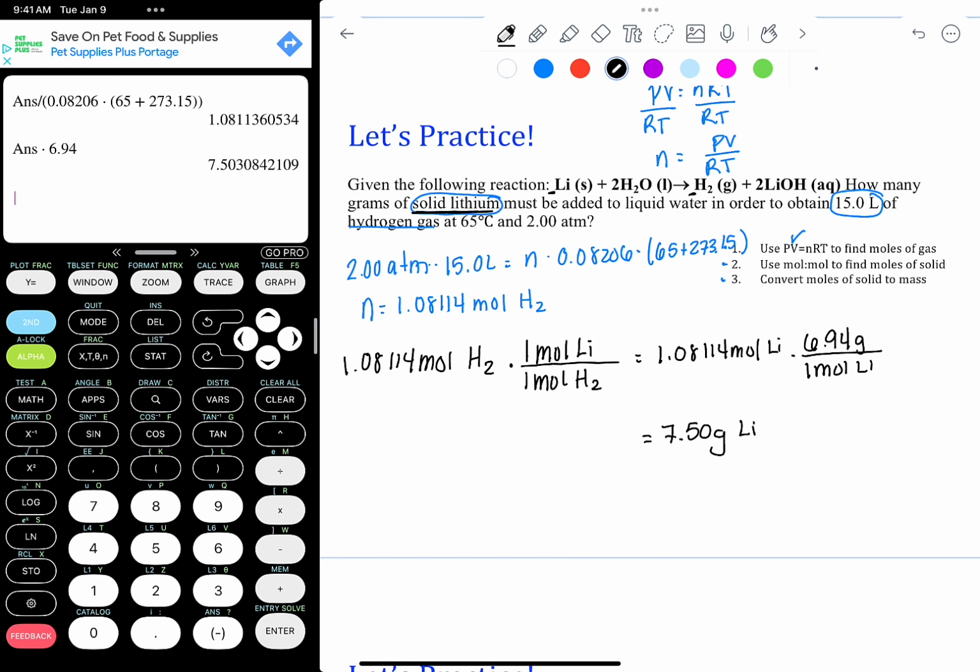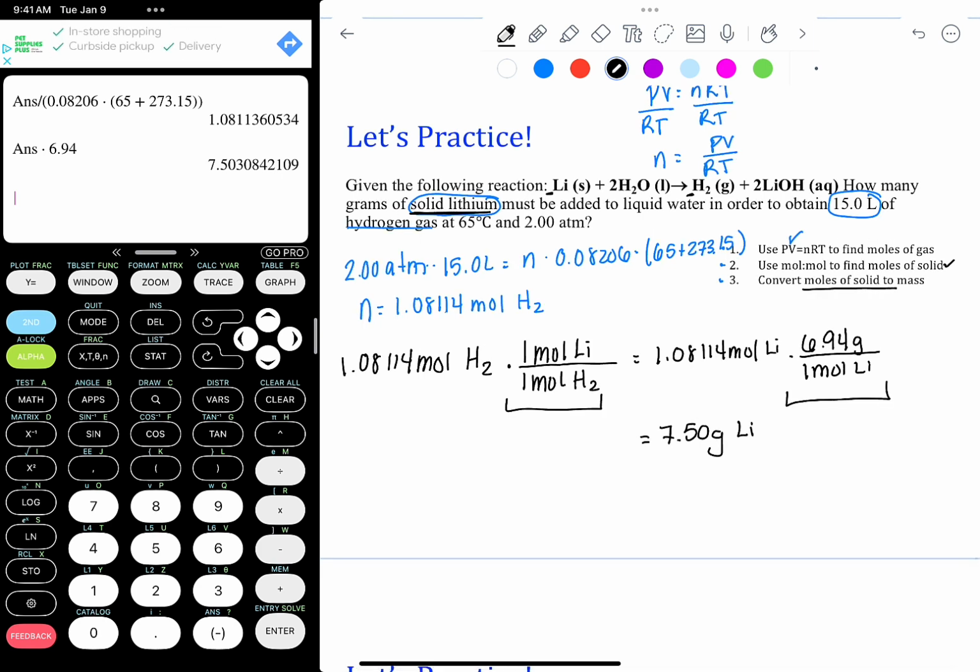So we did step 2 with our mole to mole ratio here, and then we converted moles of solid to mass using the molar mass here. So we need 7.50 grams of lithium to produce 15 liters of hydrogen gas.